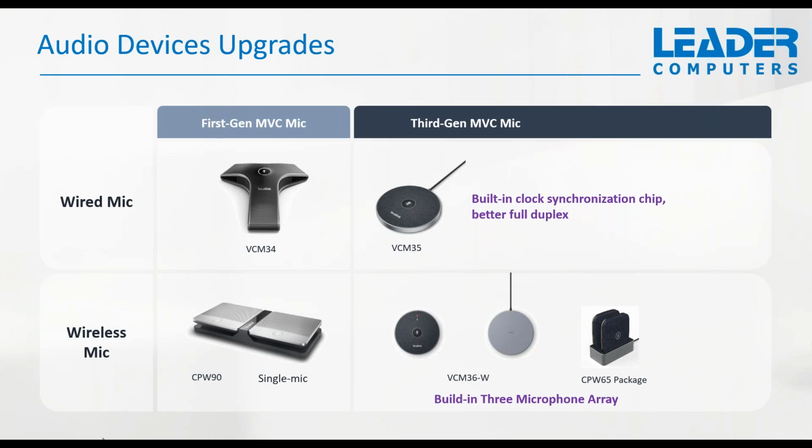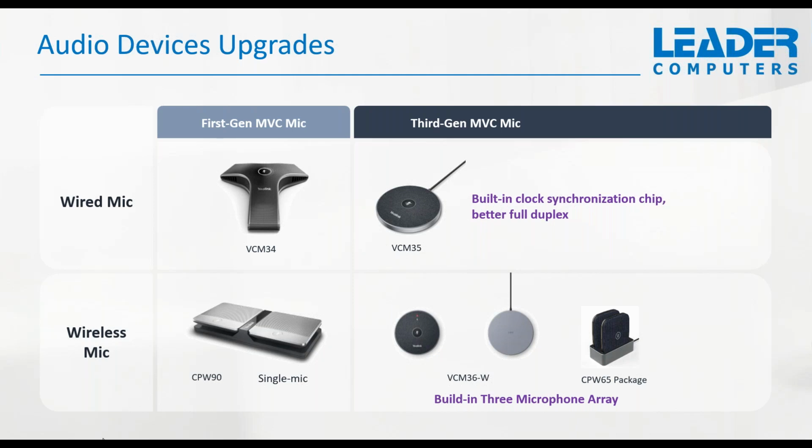However, with the VCM35, this is all a star-based configuration. It needs an individual cable back to your PoE switch. So we still have support for up to 6 microphones, but you need to run 6 individual cables, one to each mic, and it has to go into a PoE switch and then back to your camera.